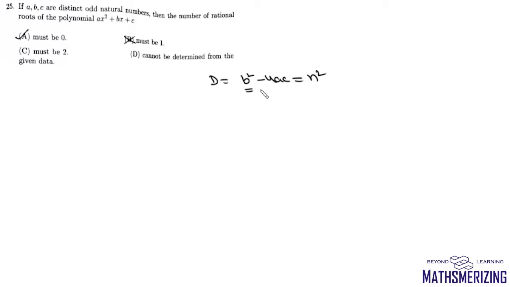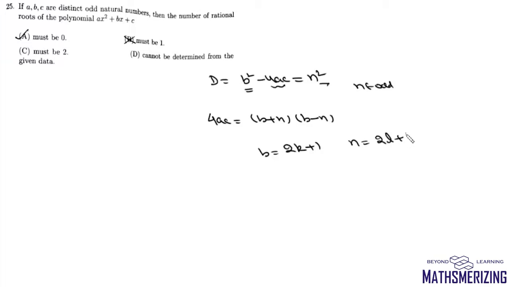Now this b is odd and 4ac is even, so that means this n is an odd number. We can write 4ac as b plus n and b minus n. Now let us say b is some 2k plus 1 and n is some 2l plus 1.